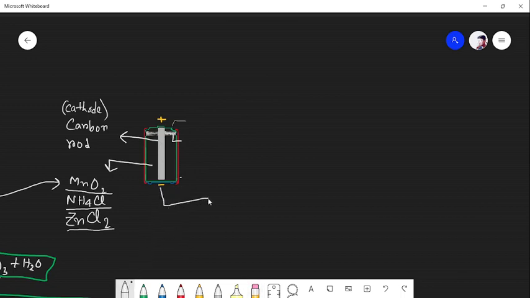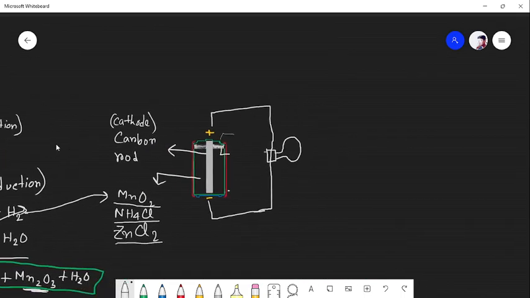These 2 terminals are connected by a wire, and there is a light bulb. After the reactions take place, electrons flow through this wire, and thus the light bulb works. See you in the next video.